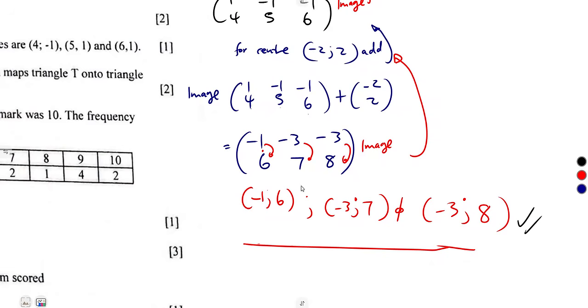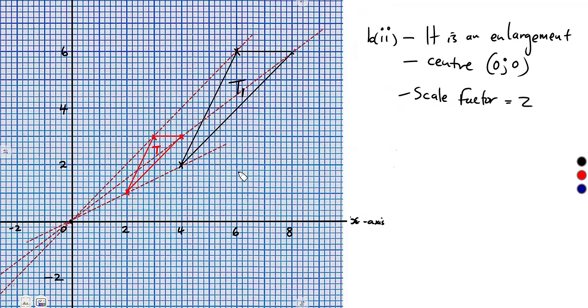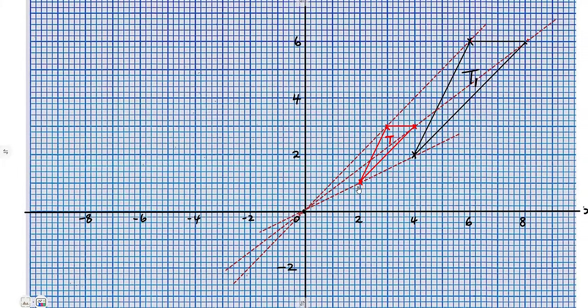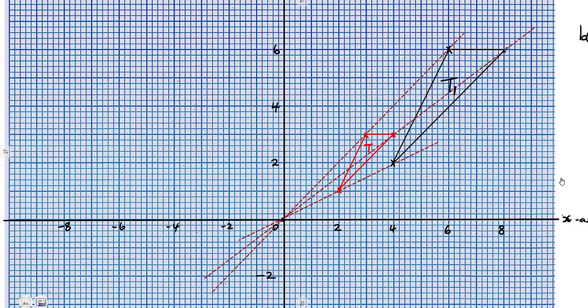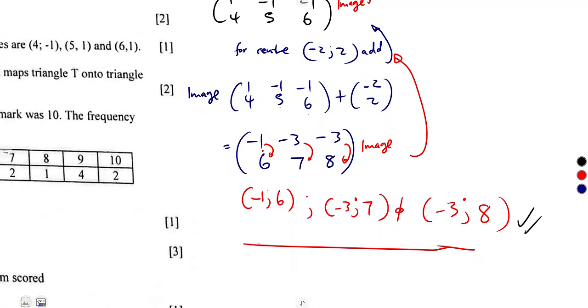But we are being asked to draw that. Like I said, we could have done this by constructions, which was easier. If you understand constructions, you can do that. But I'm just going to use the matrix method for revision purposes. So let's mark those points and construct. The first point, minus 1, 6. Mark that point.